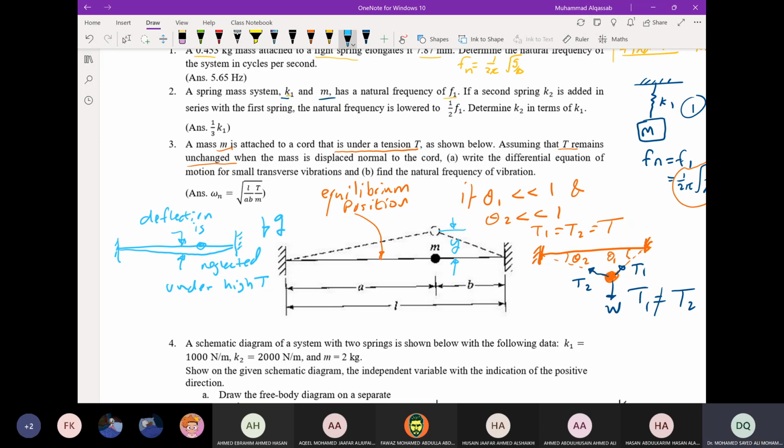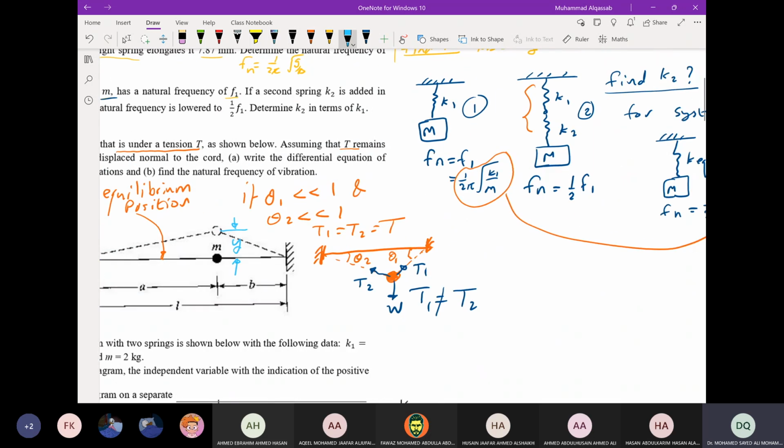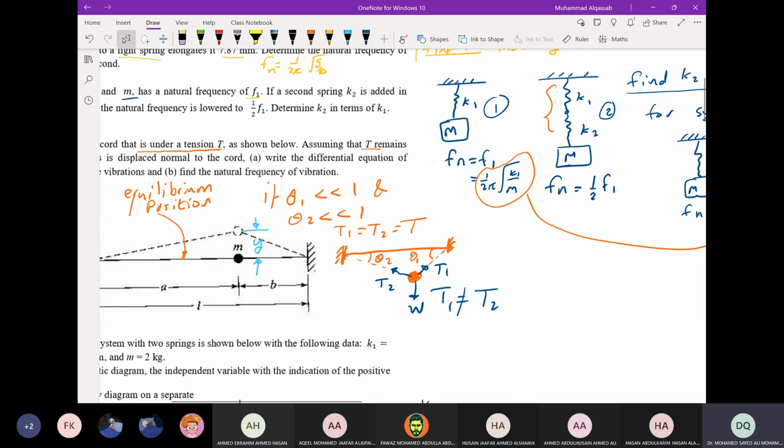Okay, one more way to look at this problem. As you can see, G is downward, against gravity. You can look at this problem from the top view, which means gravity is not part of the free body diagram.